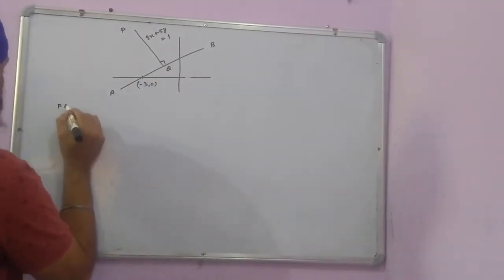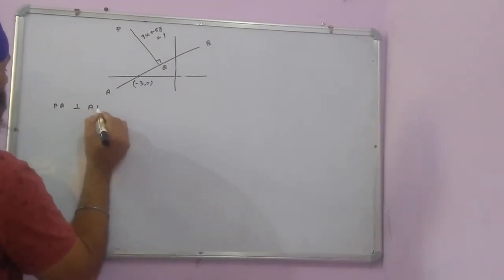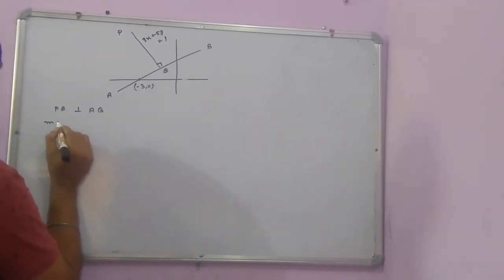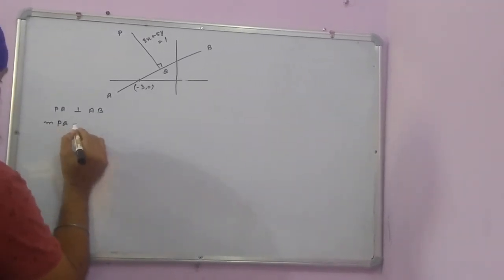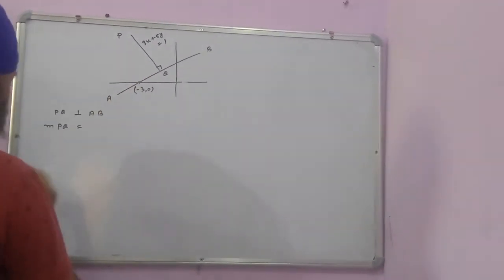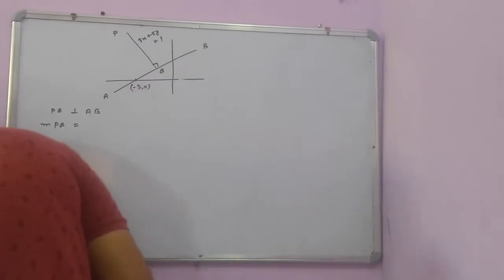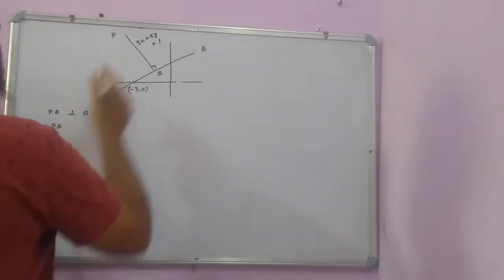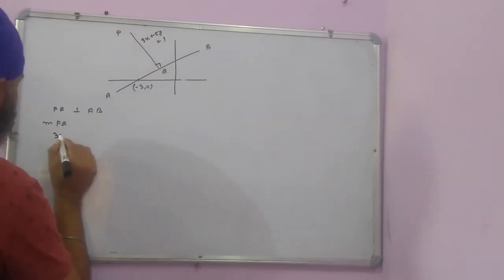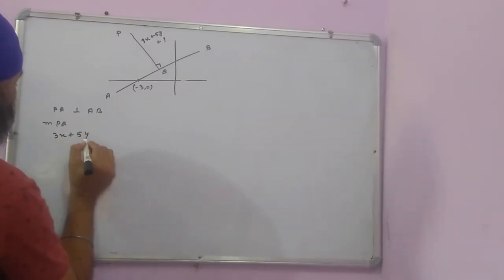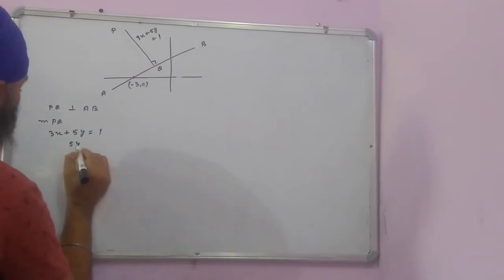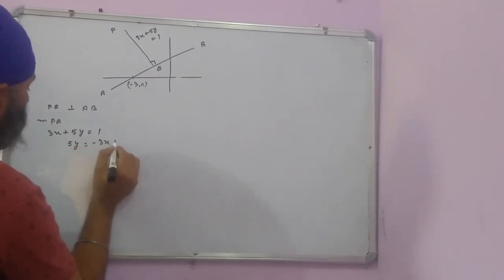Now PQ is perpendicular to AB. For m PQ, we make y the subject. 3x plus 5y is equal to 1, so 5y is minus 3x plus 1.